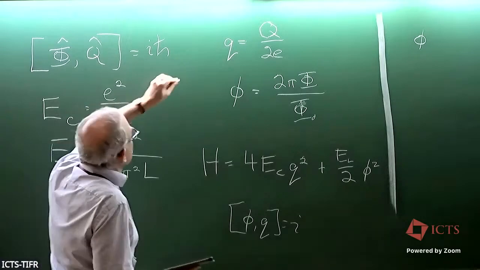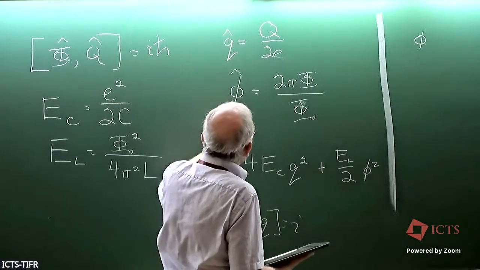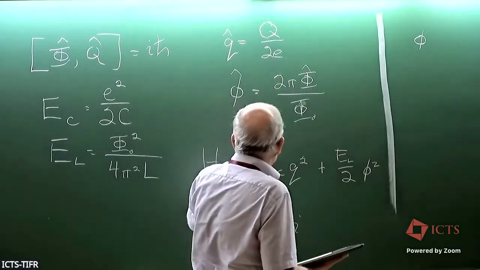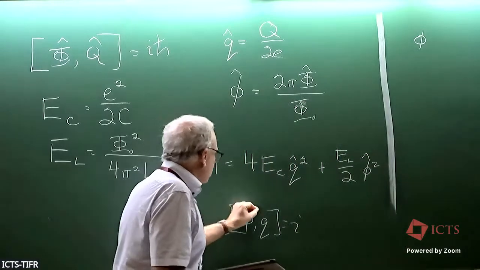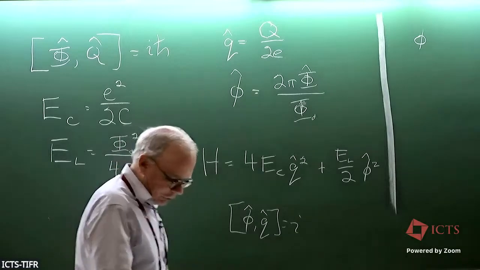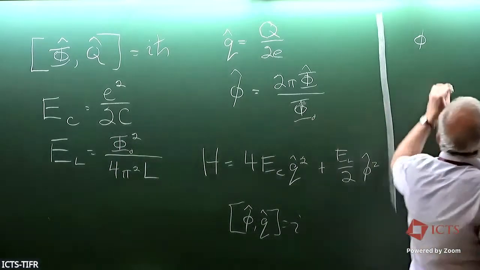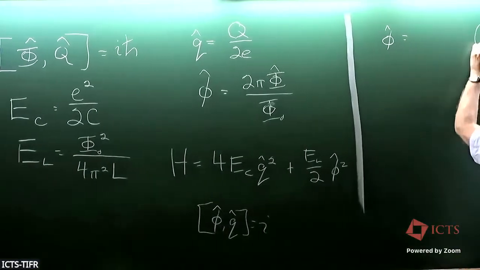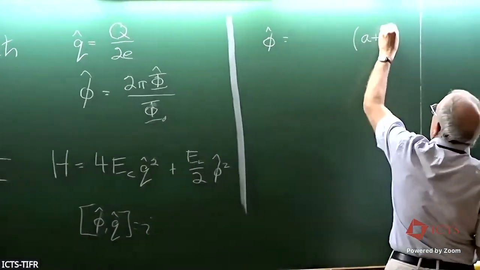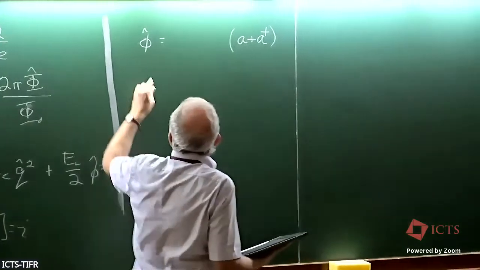I don't know if I'll be consistently doing that. This hat is simply a reminder that these have been elevated to the status of operators, and they're not just classical variables.